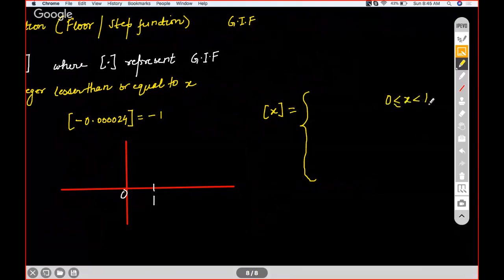You'll always get a 0 for that. So can I say the graph will be just a straight line like this and there would be a hole over here?